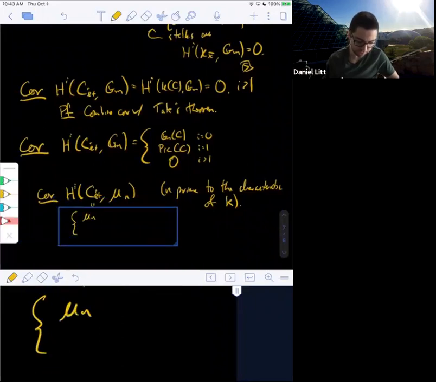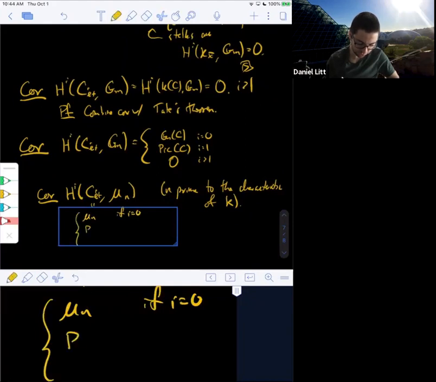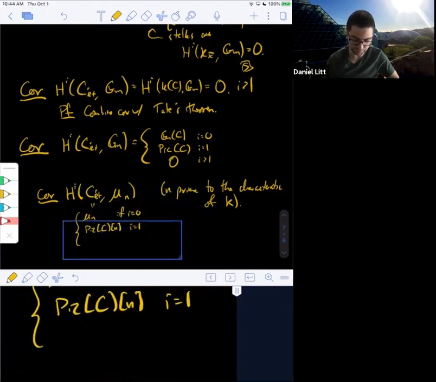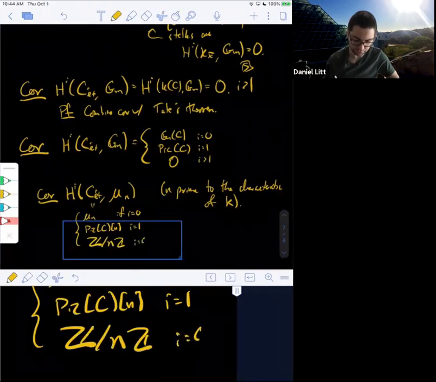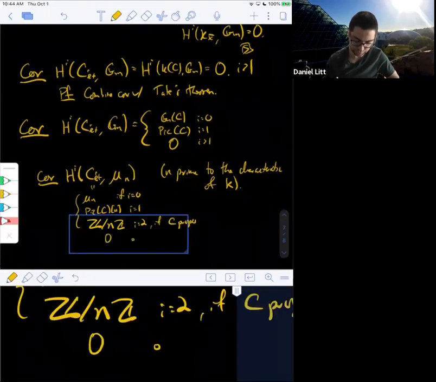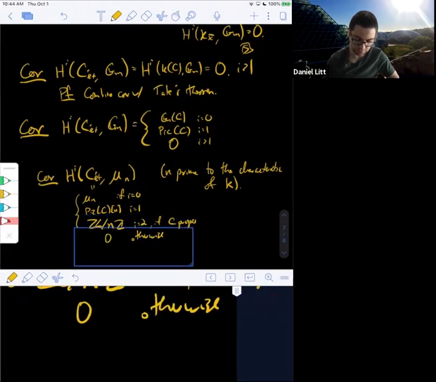It equals mu_n if i is 0. It equals the n-torsion in Pic C if i equals 1, and it equals Z mod nZ for i equals 2 if C is proper and 0 otherwise. And then it equals 0 for i bigger than 2.